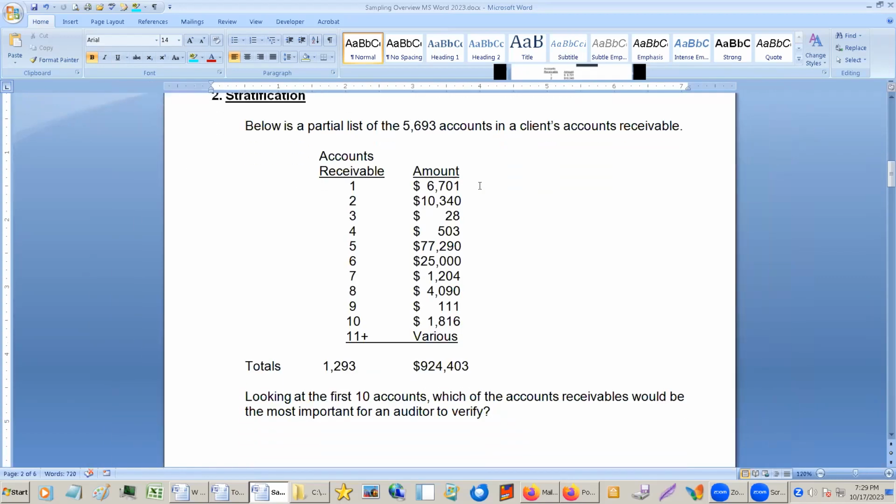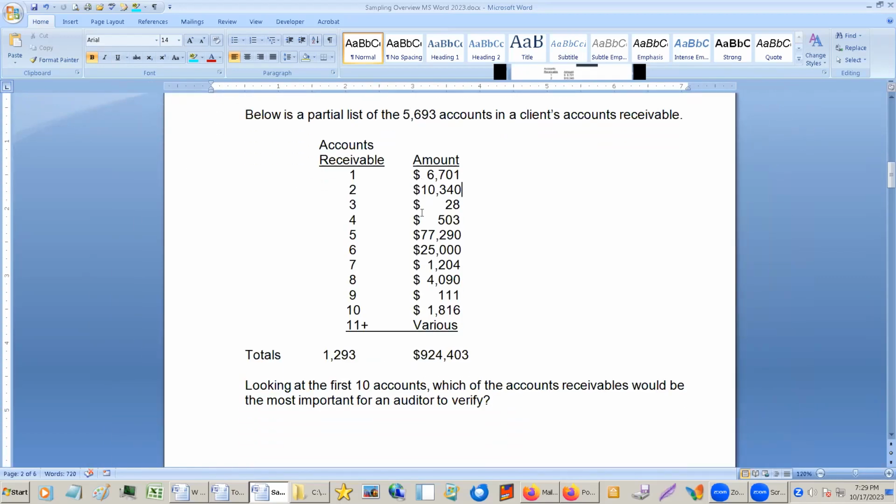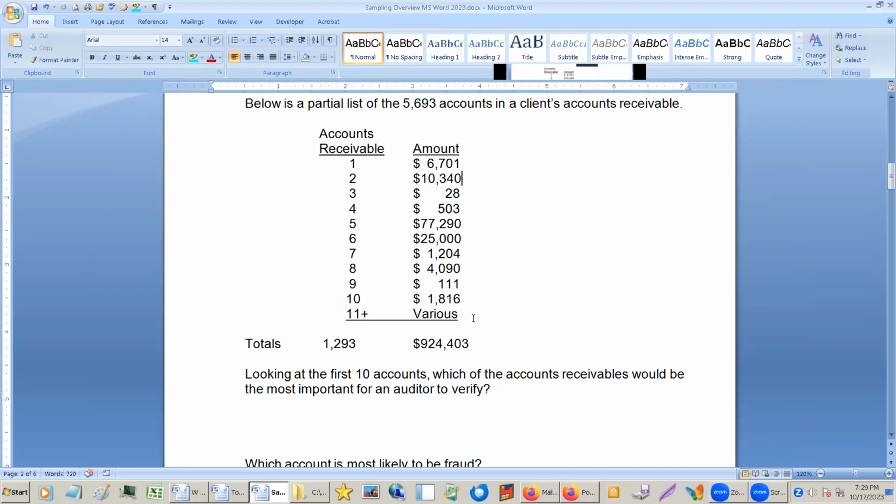And looking at the first 10 accounts, which one of the accounts receivable will be most important for the auditor to verify? Which account or accounts are they going to be most interested in?